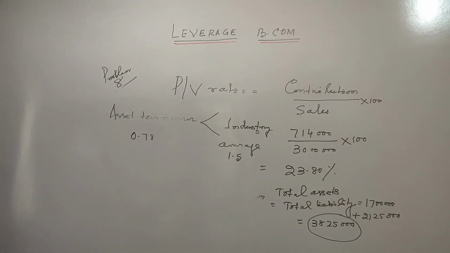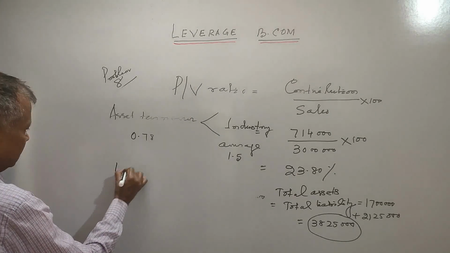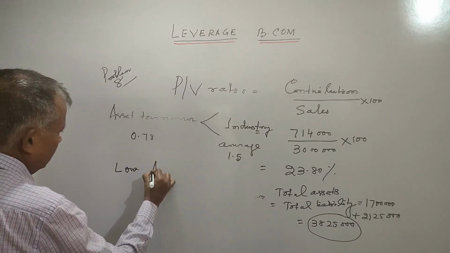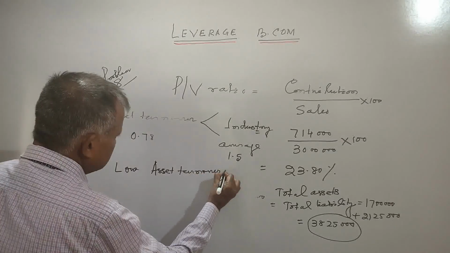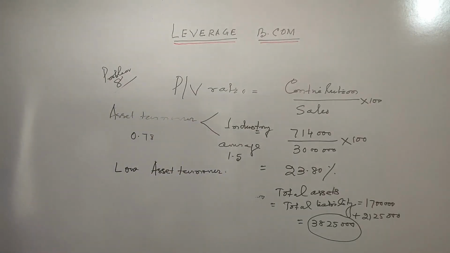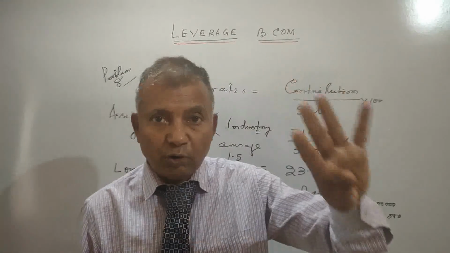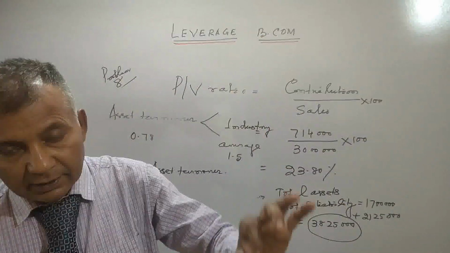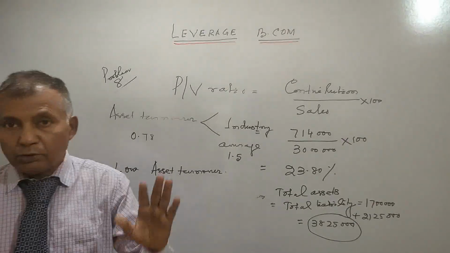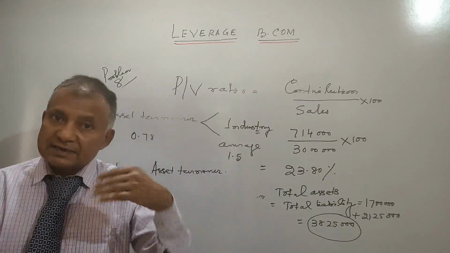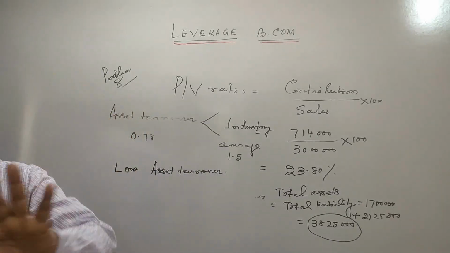Therefore, we can say low asset turnover for this company. Hence, the company should increase the asset turnover by increasing the sales. The last part, this problem has 4 parts: your degree of financial leverage, PV ratio, asset turnover, and the sales for EBT to be 0.